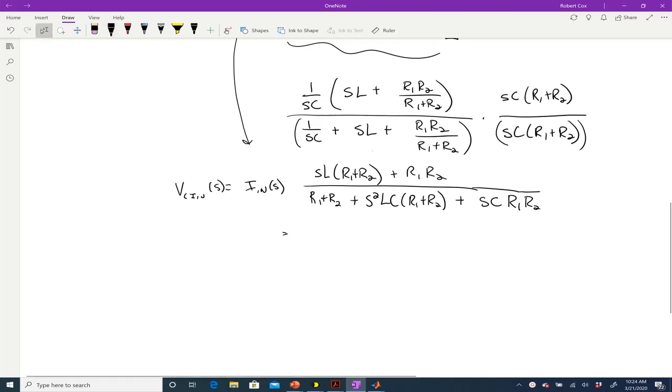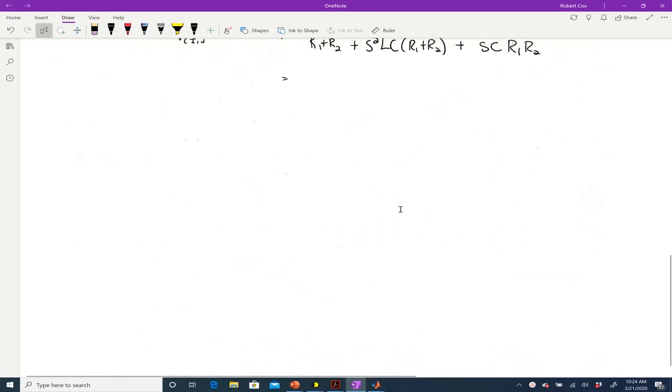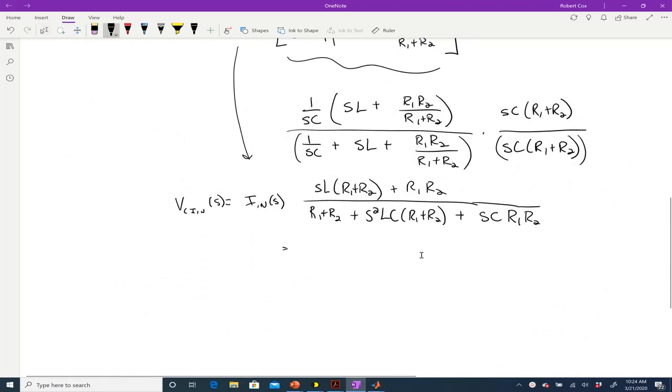Now if I plug in the numbers, this becomes simply 18S plus 45 divided by 18S squared plus 45S plus 18.